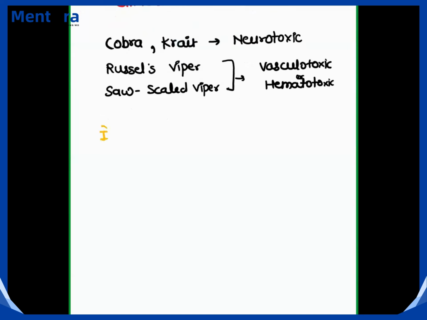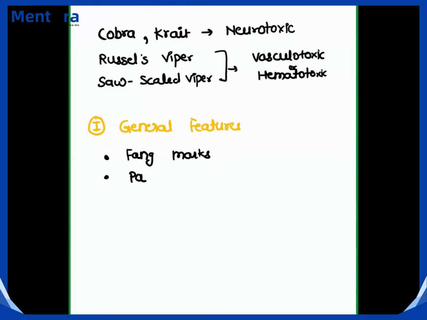The clinical features start with general features. We can see the fang marks. Pain and swelling at the bite site. Bleeding or oozing.